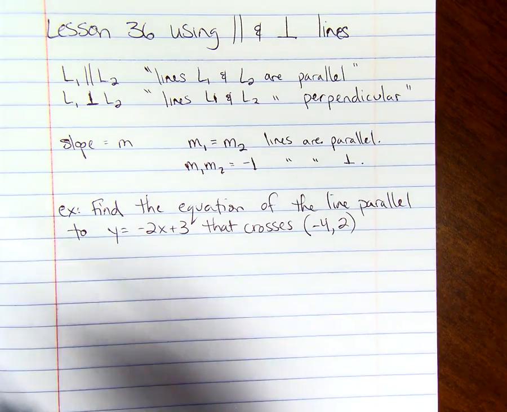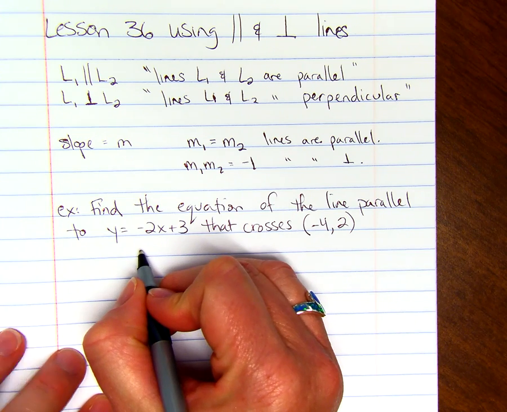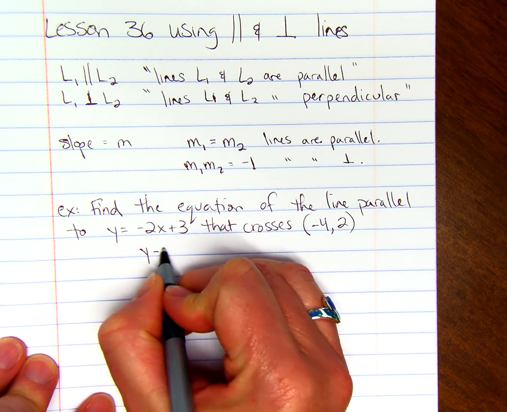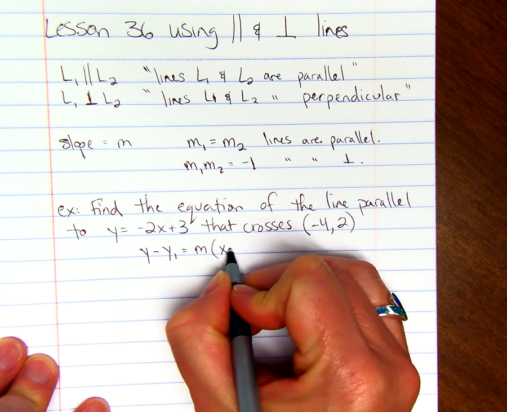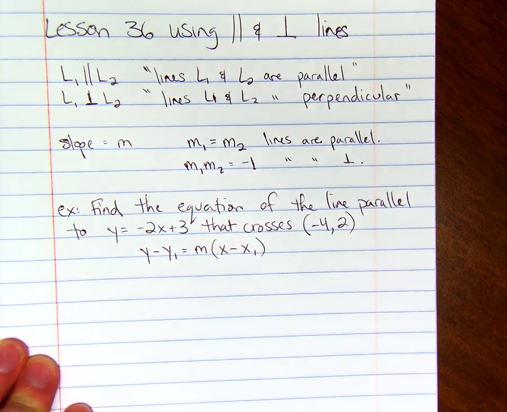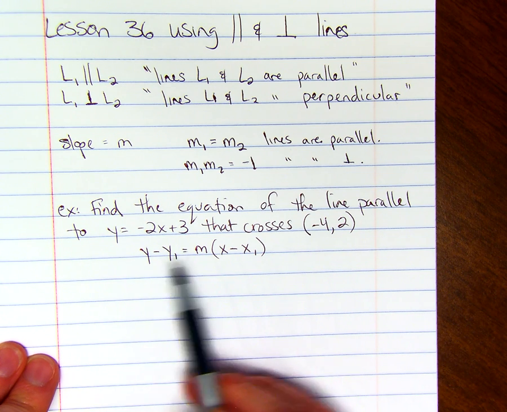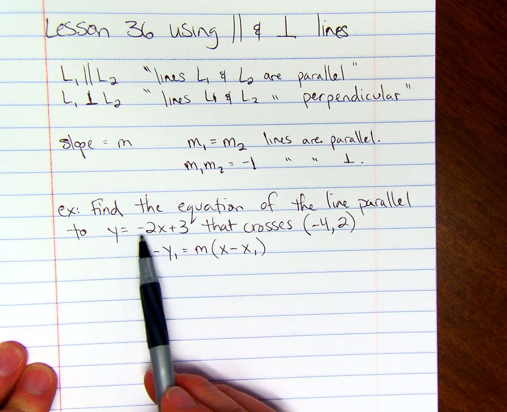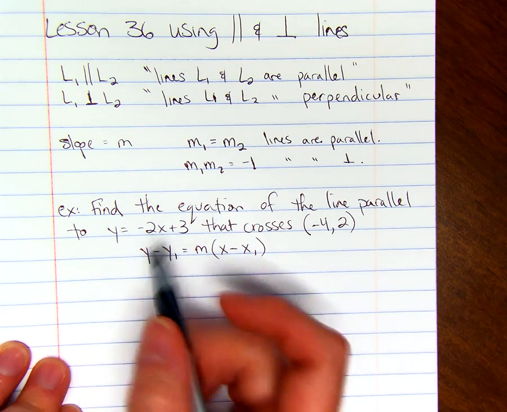If you use the point slope form, remember it's y minus y sub 1 equals m parentheses x minus x sub 1. You have a point, -4, 2, and you know the slope. Because it has to be parallel to this line, the slope will be -2.